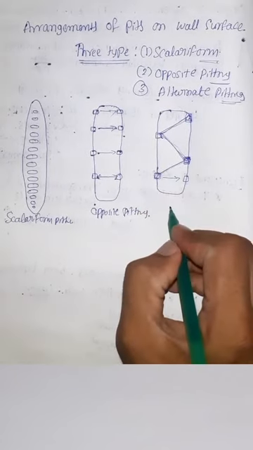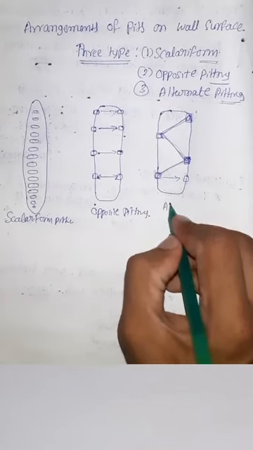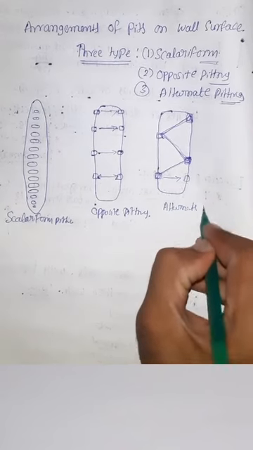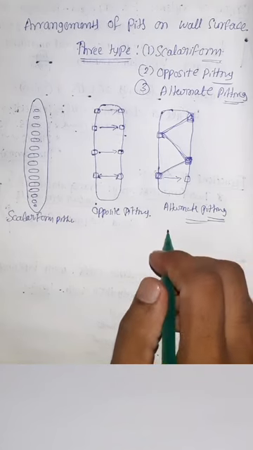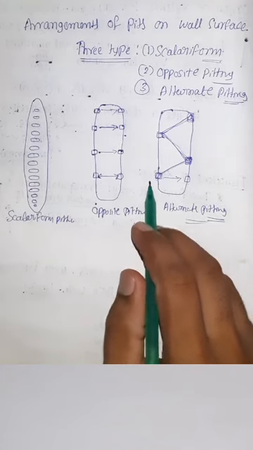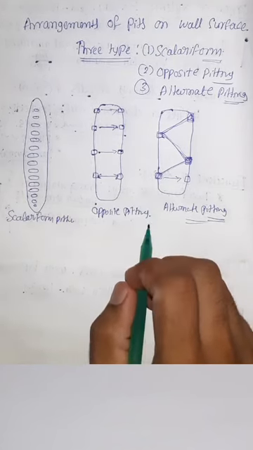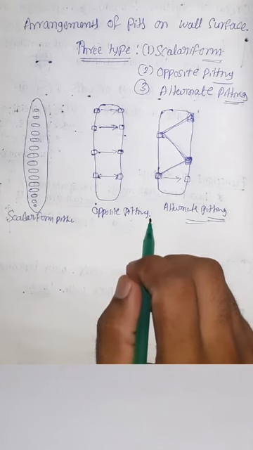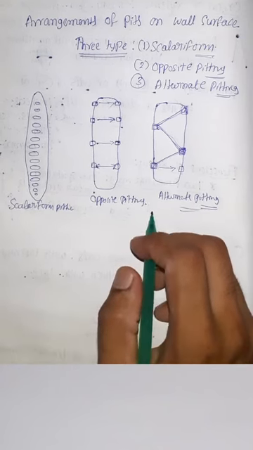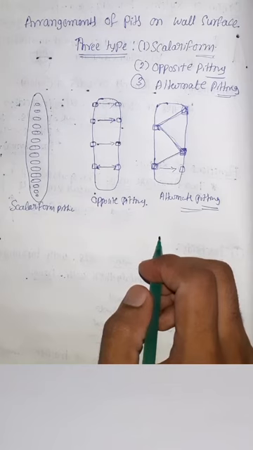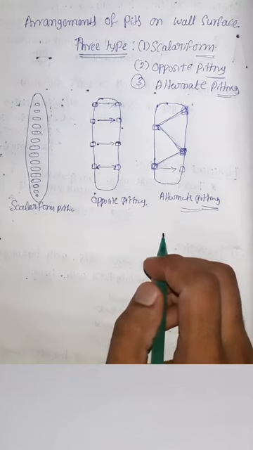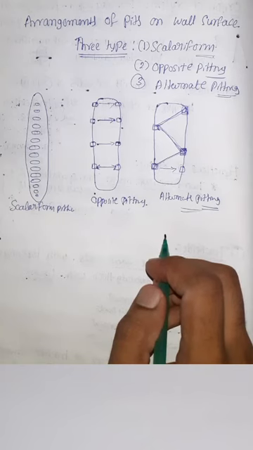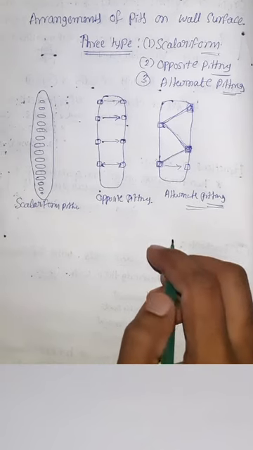This type of arrangement is called alternate pitting. Like this, based on the arrangement we have three types, and based on the structure of pit we have three types. This is all about xylem and its elements, pit types and different types of wall depositions. In the next video we will discuss phloem.